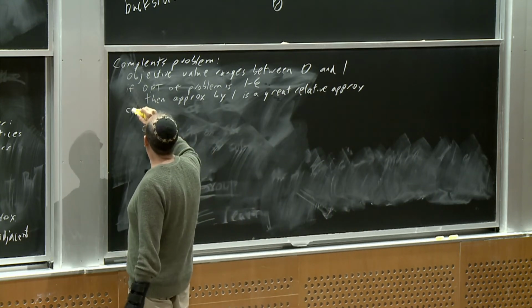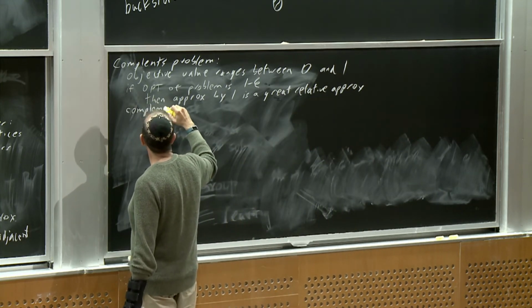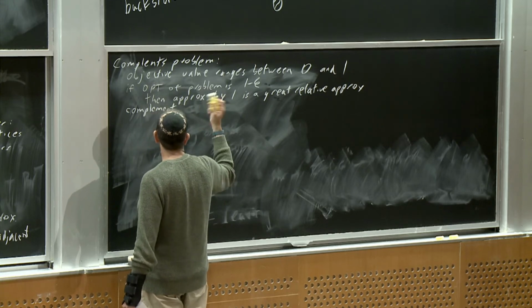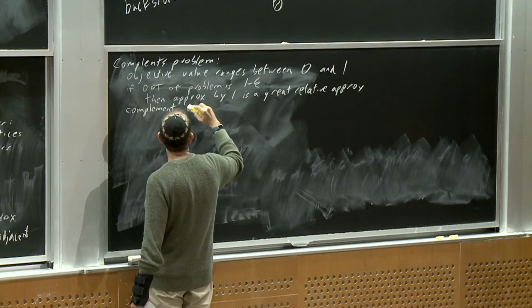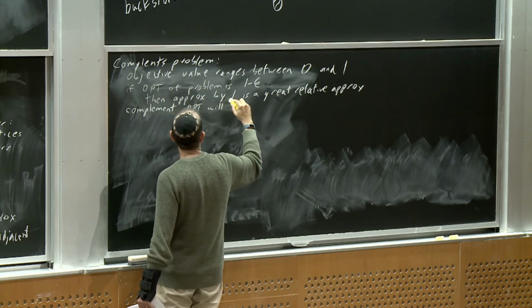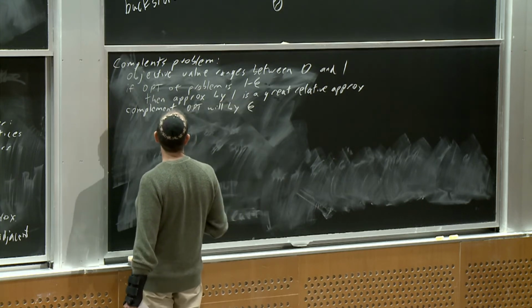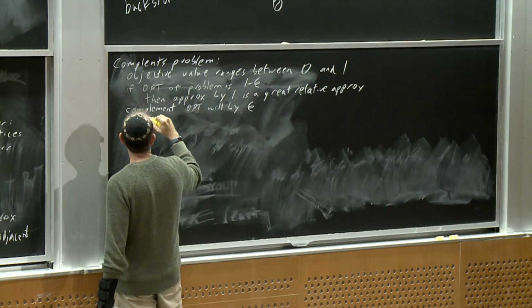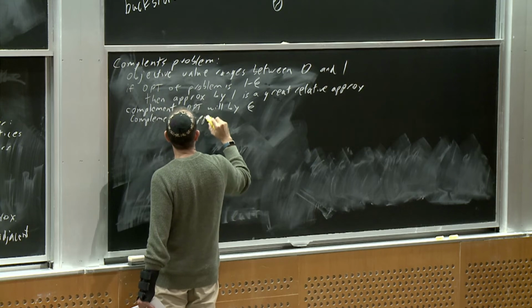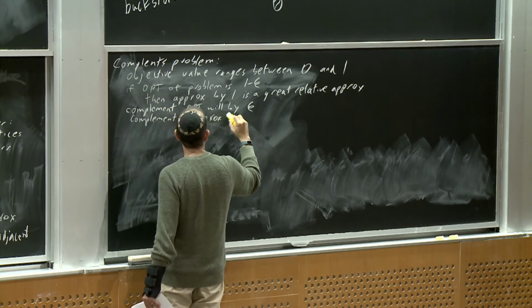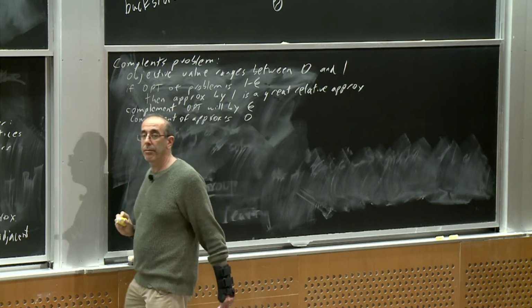But then the complement, right, which is going to need the things that you don't have, will have an optimum of epsilon, right? But the complement of your approximation is 0.